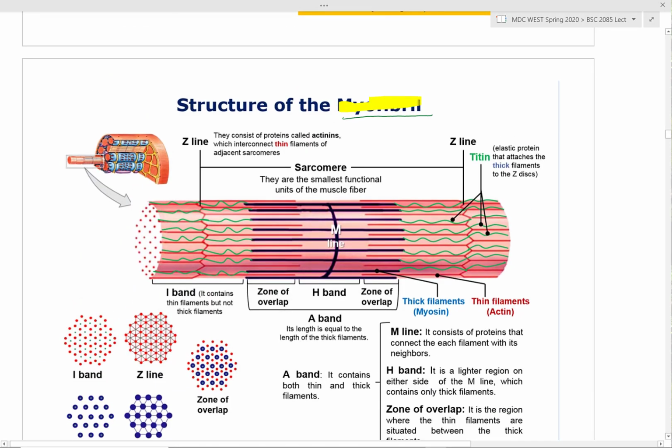If they become longer, that means they have more Z to Z line. Does that make sense? So the purpose is not the Z line, the purpose is this word, sarcomere. If that little sausage becomes longer, that means you have more sarcomeres along the way. As you grow up, you have more and more sarcomeres.